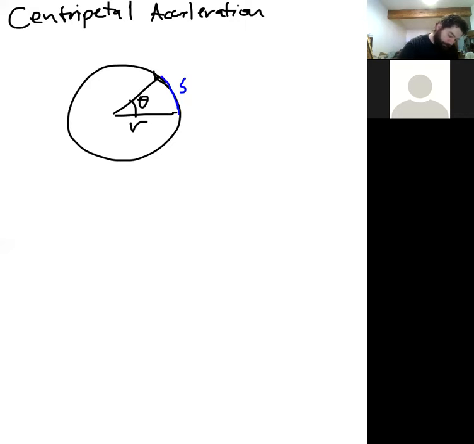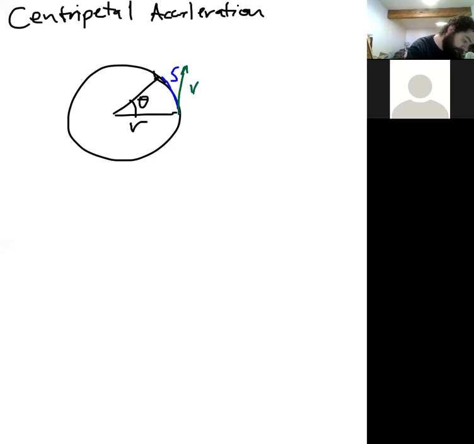And then as it's going around, we have velocity vectors. So maybe I'll just move my S a little bit up there so it's a little easier to see, because I'm going to have to draw this velocity vector here. That's got to be perpendicular to where we're going.